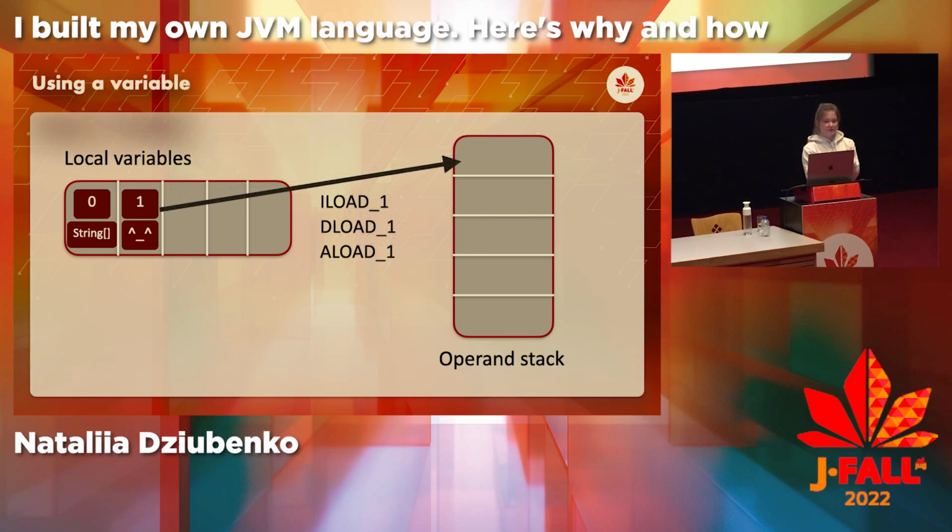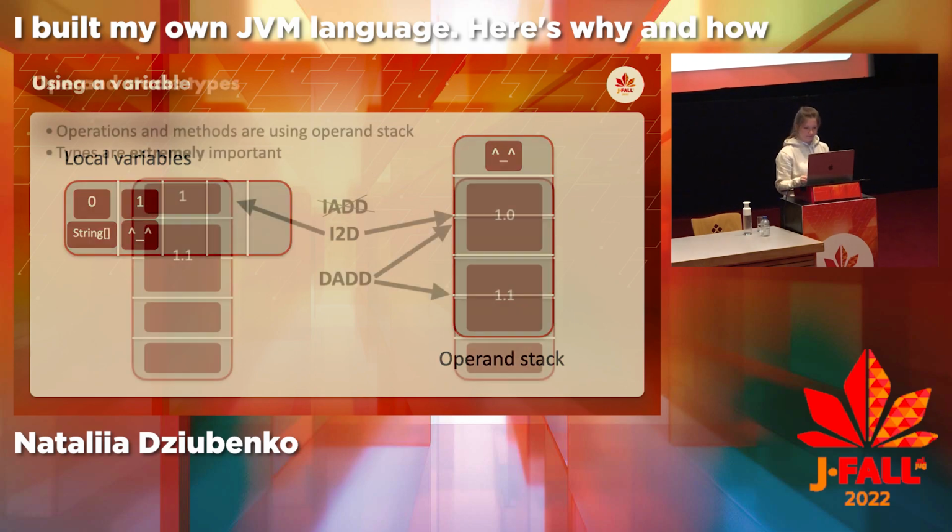If you want to use this variable, you will first need to load it on top of the operand stack, using the load operations, and also depending on type, you will add a letter in front of it, and you will have to specify the index of the variable which you want to load there. Yeah, so now we see it's here.